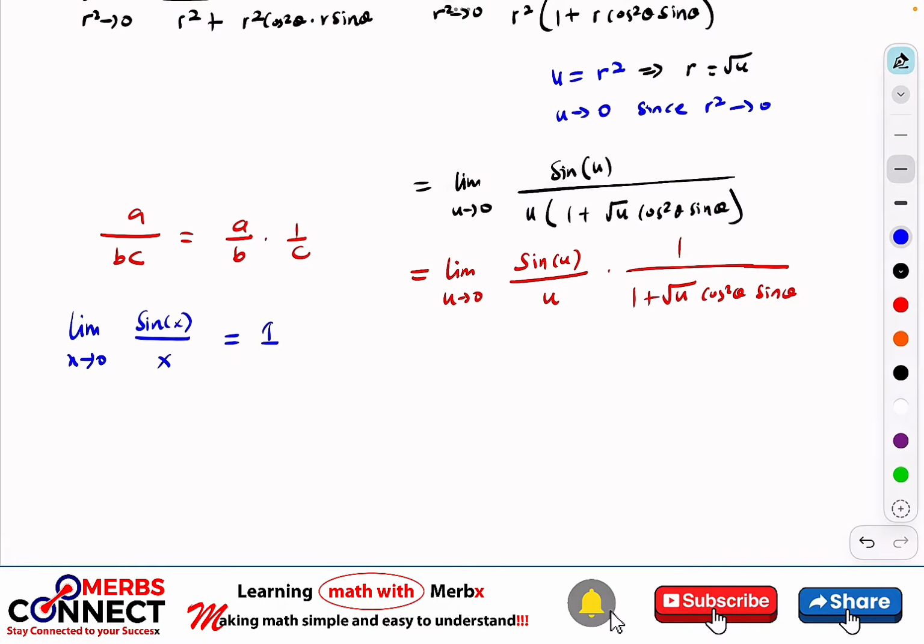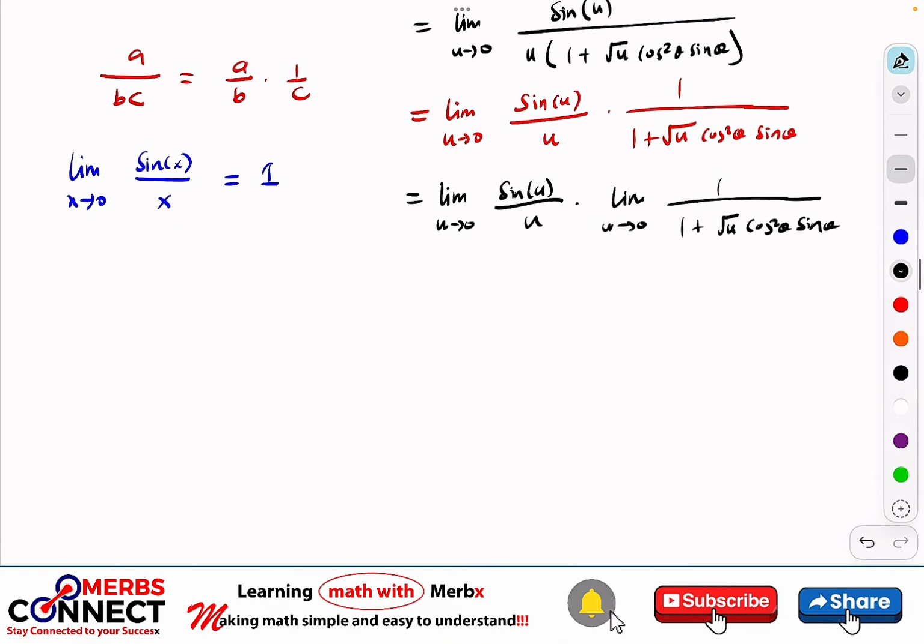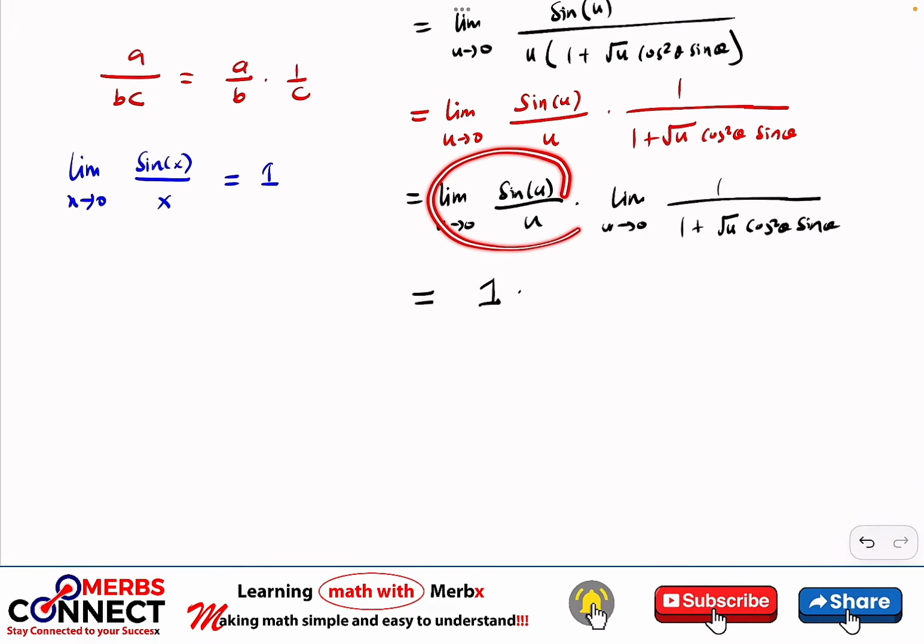So I'm trying to make sure that I have that theorem. Let's use properties of limits. I can write this as the limit as u approaches 0 of sine of u divided by u, times the limit as u approaches 0 of 1 divided by 1 plus root of u cos squared theta sine theta. Beautiful. So now this is going to give us a big 1 for this one, and this one we can do direct substitution.